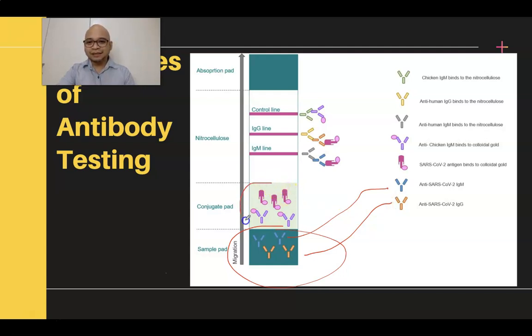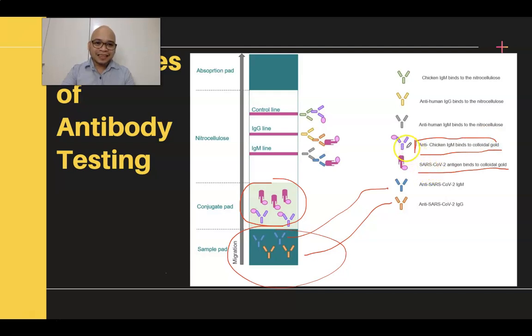And then the conjugate pad has the anti-chicken IgM bound to colloidal gold particles, and the SARS-CoV-2 antigen bound to colloidal gold particles. So what will be the function of the anti-IgM?